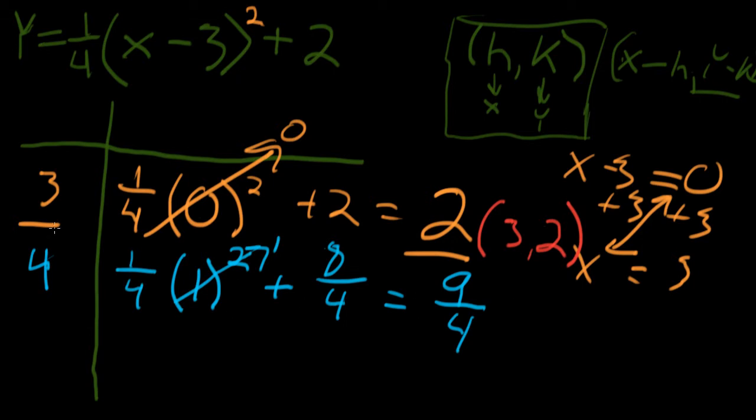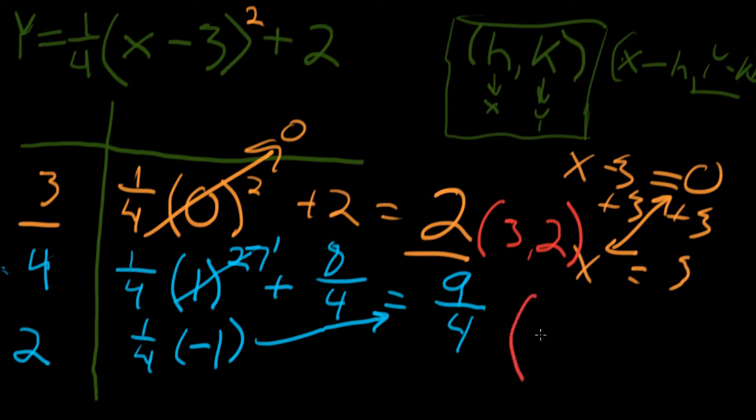Well, my other point in my plus or minus type thing would be one below this. So if I went up 1 to get 4, I go down 1 to get 2, which becomes 1/4 of -1 squared, which has the same answer.